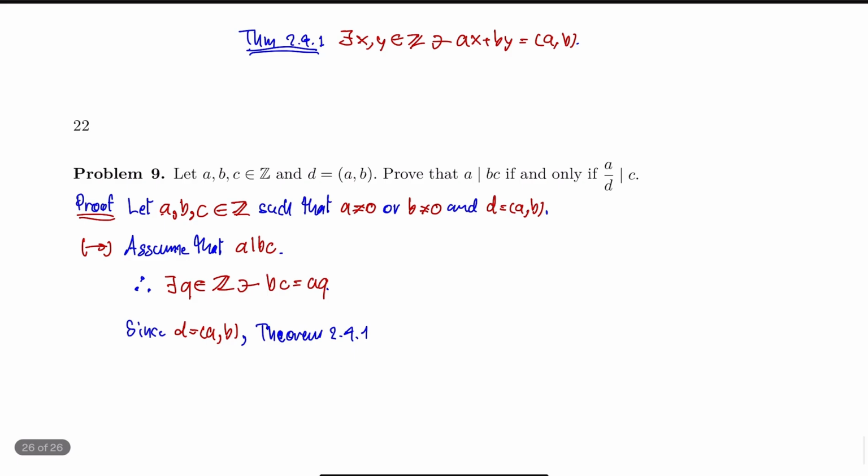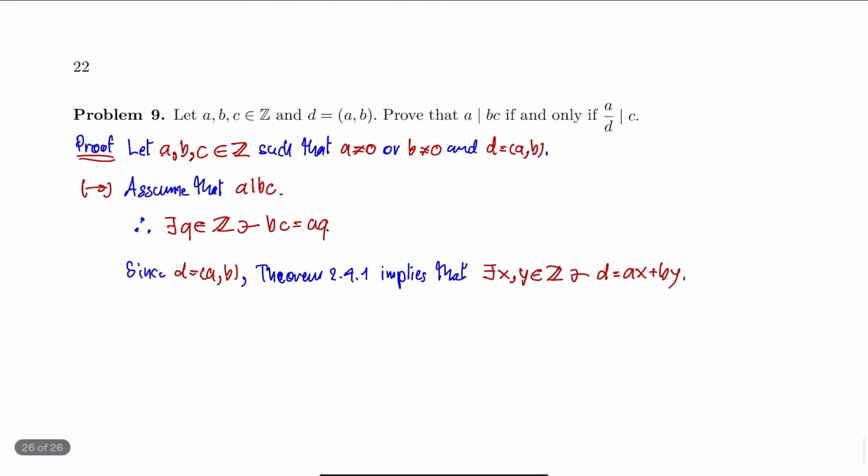So this theorem implies that there exist integers x and y such that d equals ax plus by. Okay, so this is what we have.